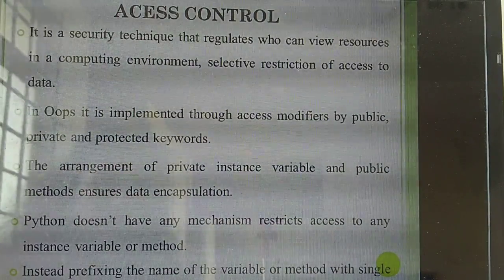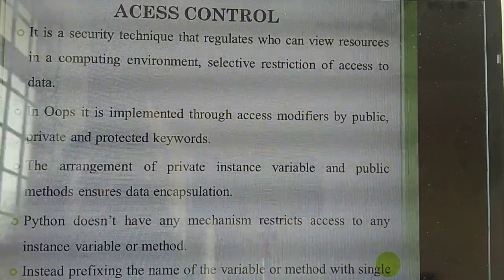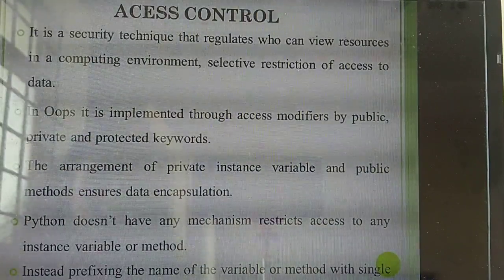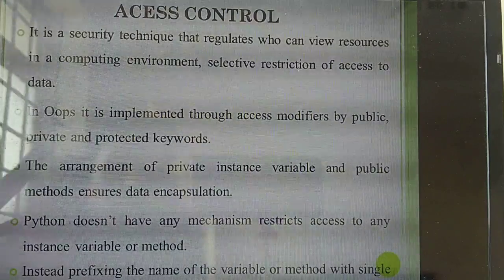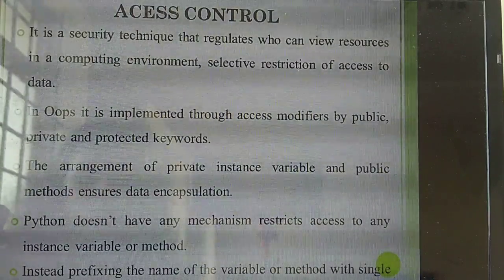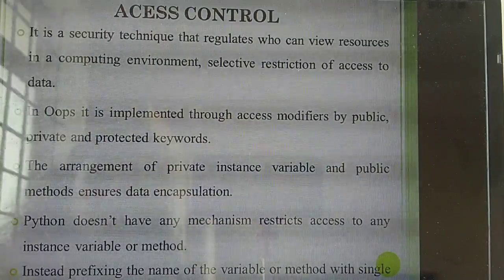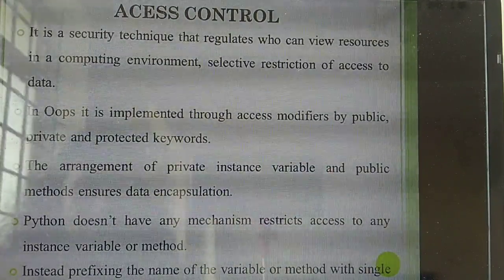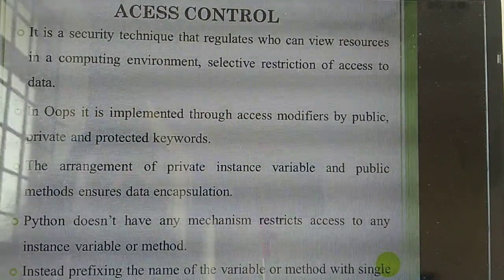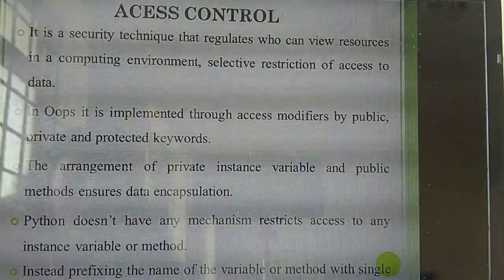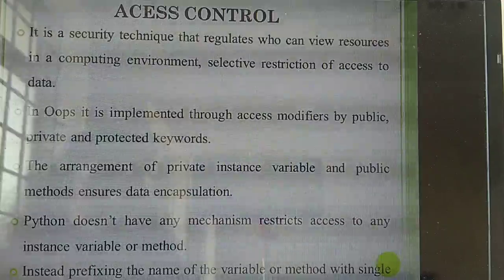In C, C++, Java, a lot of languages, we are given these private, public and protected keywords. But in Python we are not given this kind of access method. Understand? Sometimes they will ask which language does not have a mechanism to control access to instance variables and methods. Which language? Python. Instead, in Python we prefix the variable or function name with a double underscore.